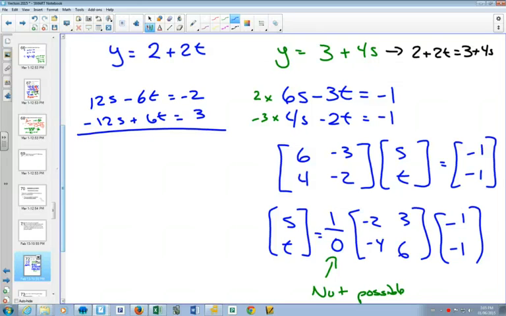When we add our equations together, all of our variables cancel out, and we get 0 is equal to 1. Which doesn't work. And so there too is telling you that there's a problem. No solution exists, so they must be parallel.